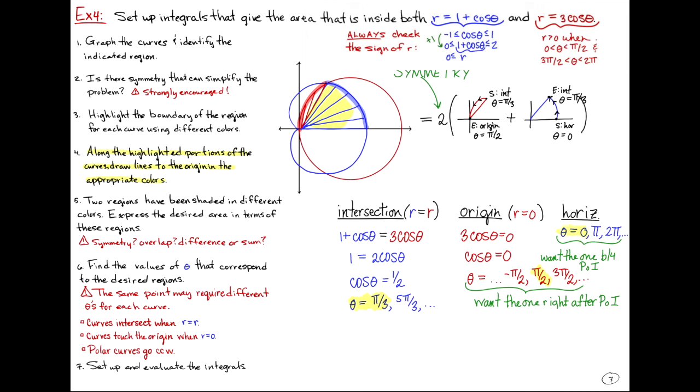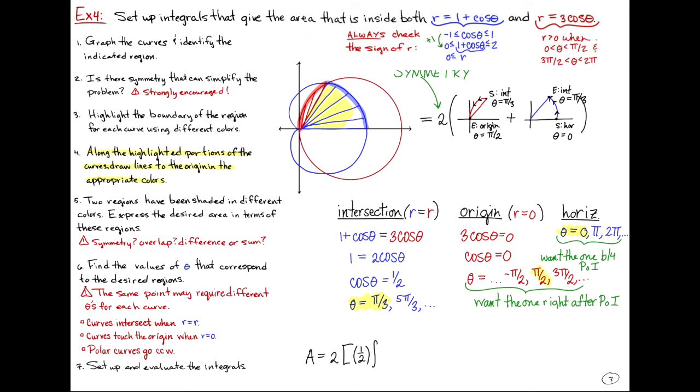Setting up our integral to find the area, we have that our area is equal to 2 times 1/2 the integral. We can look at our sketch above to find our bounds. We went from pi over 3 to pi over 2.